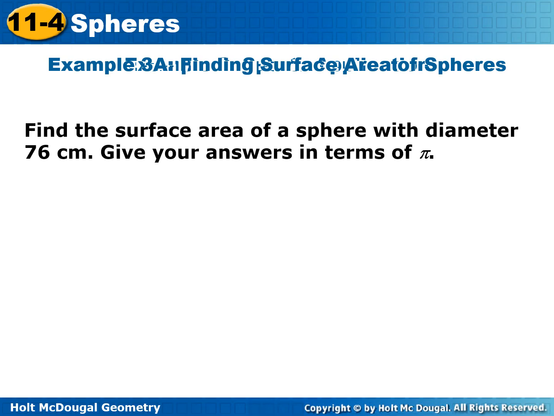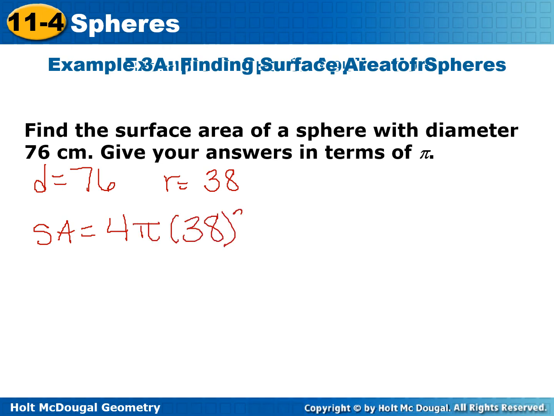So let's take a look at this example. They're asking for the surface area of a sphere. Now they told us the diameter is 76, but we want the radius. So the radius is going to be 76 divided by 2, or 38. So our surface area is going to be 4 times pi times that radius that we found, 38 squared.